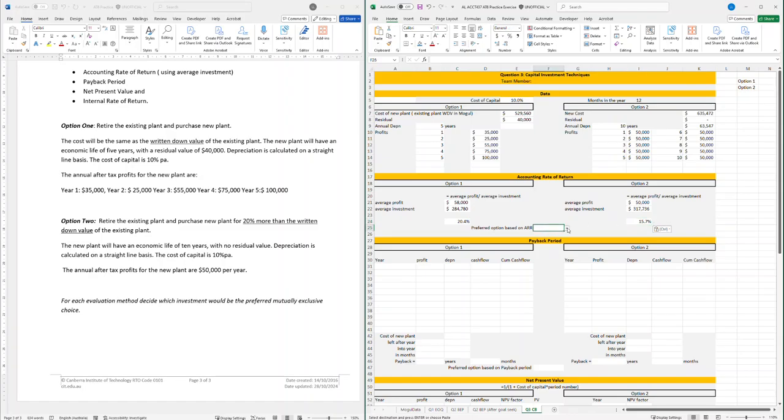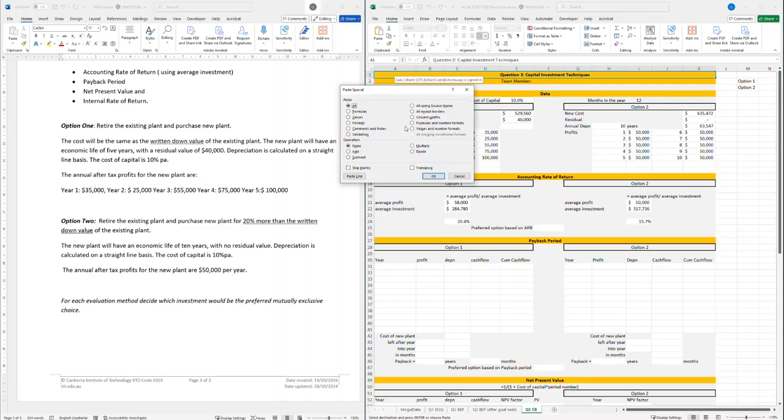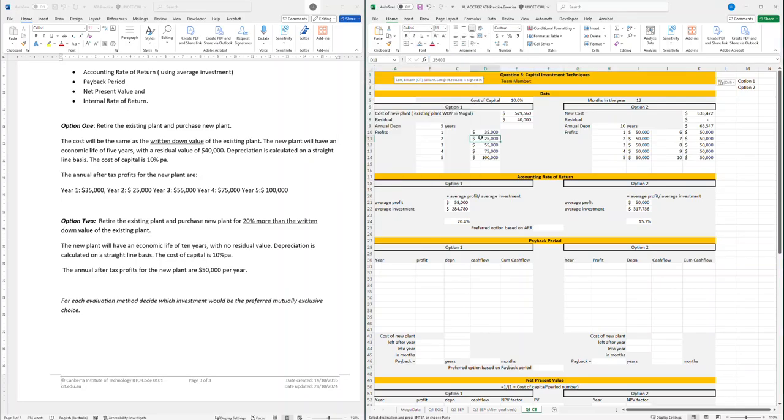Don't forget, you need to answer a question here, which is hidden, which is bad. I think what we need to do is paste the format. Let me see whether I can paste format here, paste special formats only. Okay, doesn't really help.